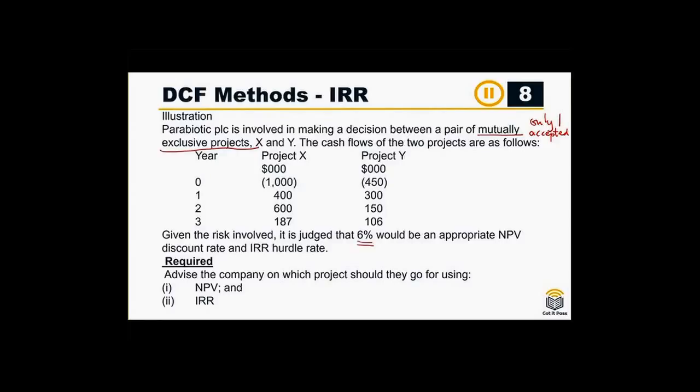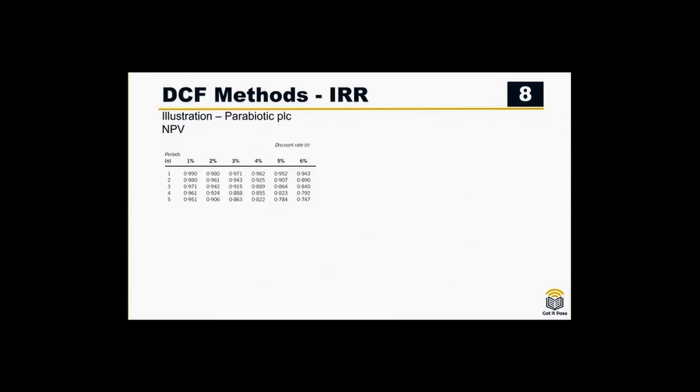So, required: which project should they go for using NPV and IRR? Based on the 6% discount factor, we have 3 years. Highlighted here is the discount factor that we adopted.